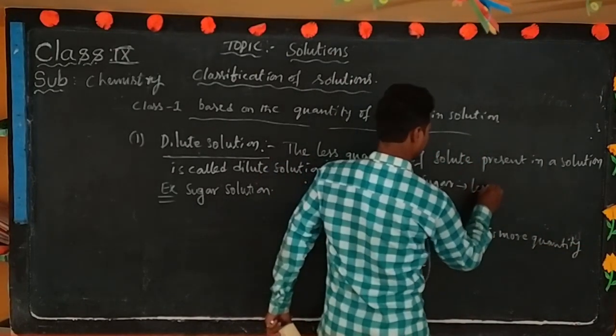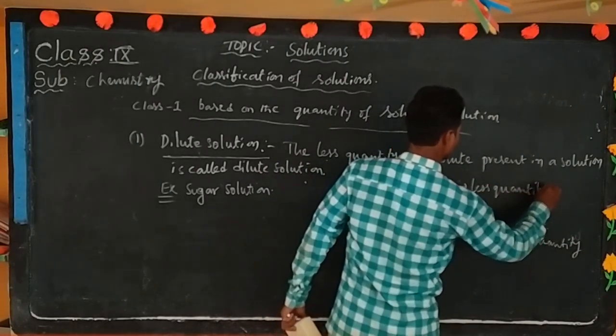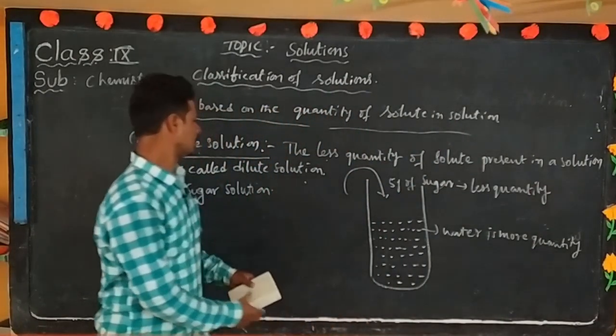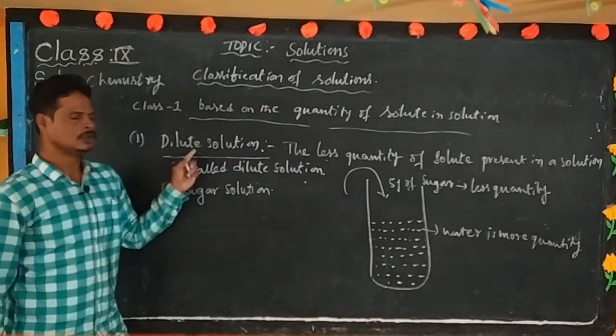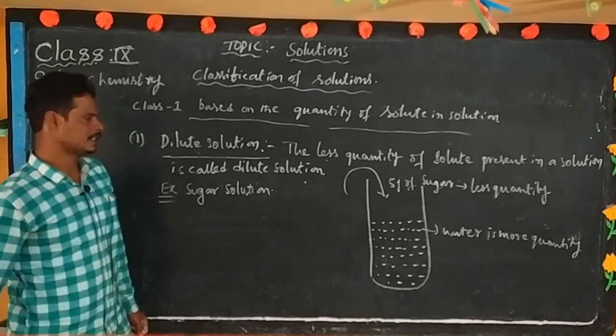Sugar is less quantity. So that's why it is called a dilute solution. Let me take another example.